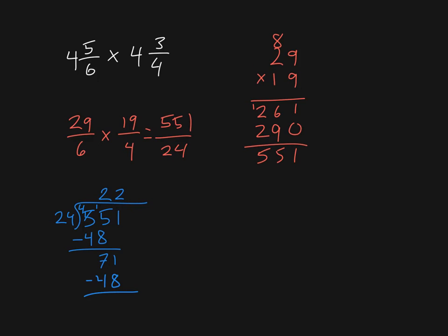So 71 minus 48 is 23. So we have 22 and 23/24. So 551/24 equals 22 and 23/24.